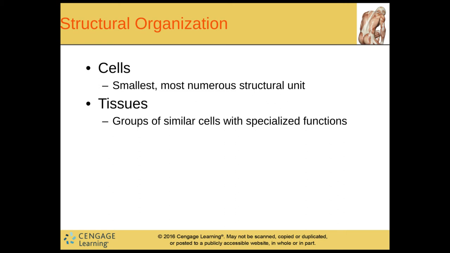Then cells in turn group together and make up things that are tissues. And then tissues in turn make up things like organs. So there are cells that make up the tissues that make up the organ of your heart or your stomach or your bladder, right? All of your muscles. So everything that's in us is made up of different cells, okay?